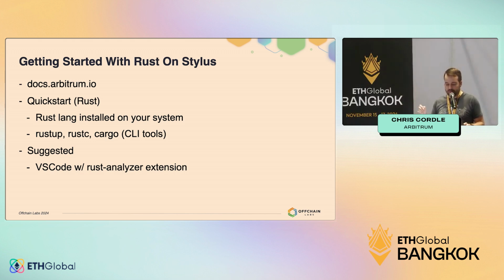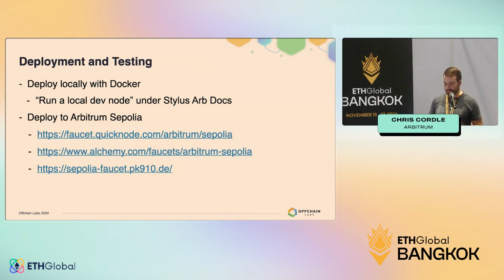If you click into that and go to the quickstart, you can follow it to get all the prerequisites installed on your system. You'll need Rust installed and Docker installed on your local system. Rustup is the CLI tool, and there are a couple of CLI tools that will come in handy. Just follow the instructions there, and it's very easy and quick to get going.